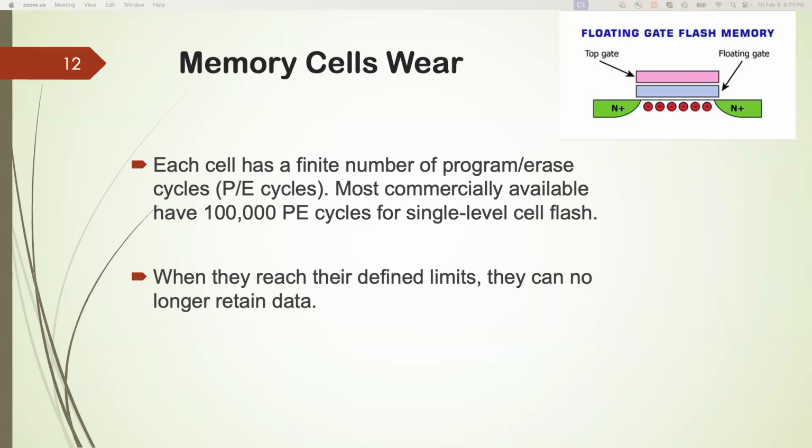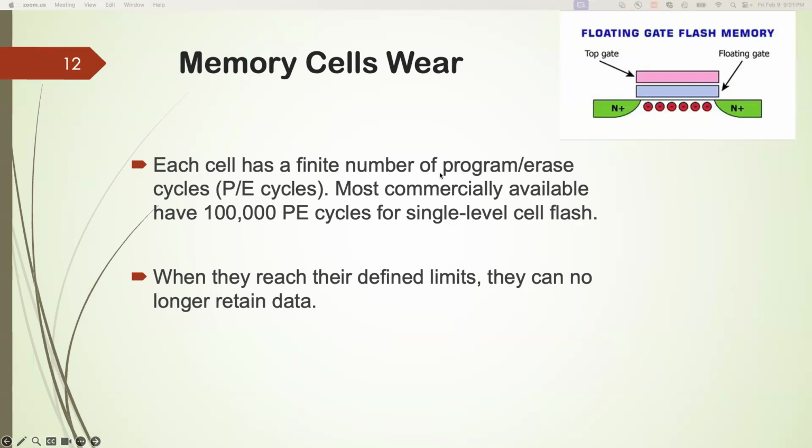But for this whole thing, charging and discharging, there is a limited number of times you can do that. Traditionally, one cell can be charged or discharged a maximum of 100,000 times. So if you read or write data on one particular cell 100,000 times, after that, this cell will become unstable and you will not be able to write data on it. This whole thing is called memory cell wear.